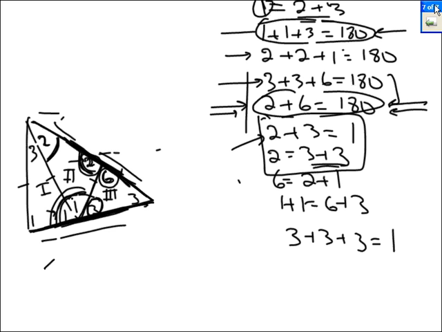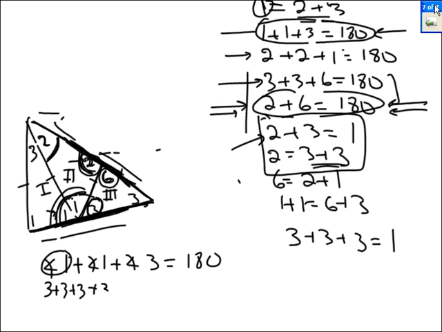Okay, that does it. Look at triangle number 1. Angle 1 plus angle 1 plus angle 3 is 180 degrees. But angle 1 is angle 3 plus angle 3 plus angle 3. Plus another angle 1, angle 3 plus angle 3 plus angle 3. Plus another angle 3.